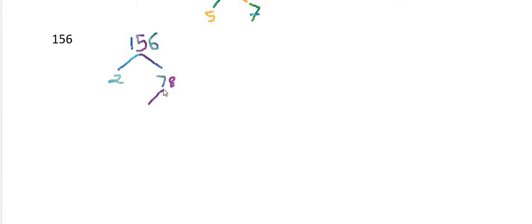Again it's an even number, so again divide by 2, which gives 39. And 39 is a multiple of 3, so we divide by 3, we get 13.